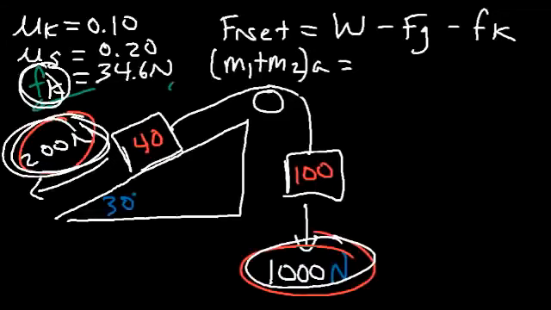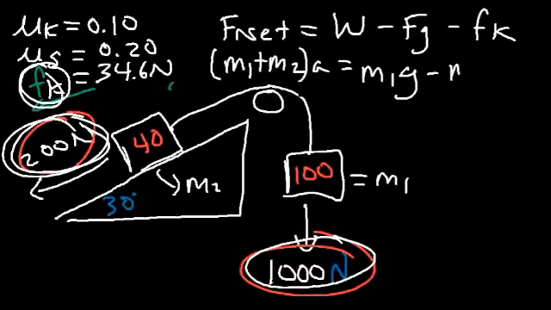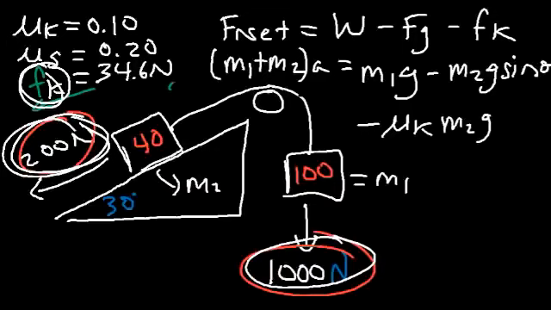The weight force, let's call this m1, and this is going to be m2. So the weight force is m1g, and f of g is going to be m2g sine theta, and f of k is mu k m2g cosine theta. So to write one final equation for the acceleration, I'm going to factor out g.